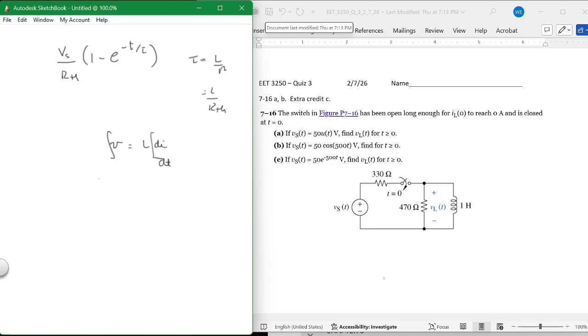So I is, okay, 1 over L integral V dt is equal to I. In this case, you're supposed to say the voltage Thevenin dt is equal to I. And then you can solve it. But this is really begging to be solved by chapter 9. So we leave it for chapter 9.